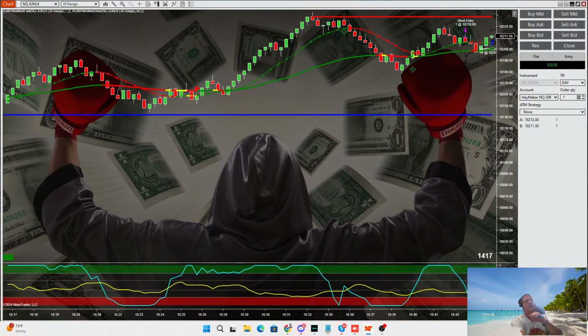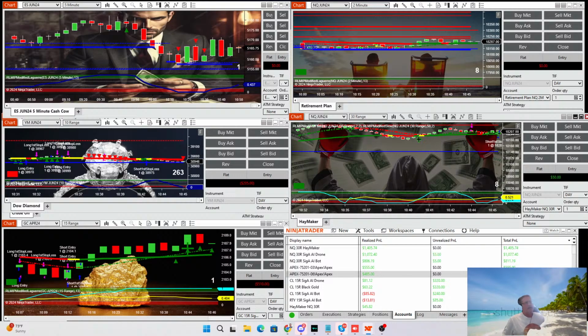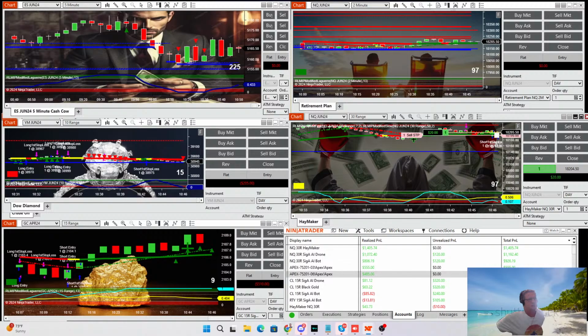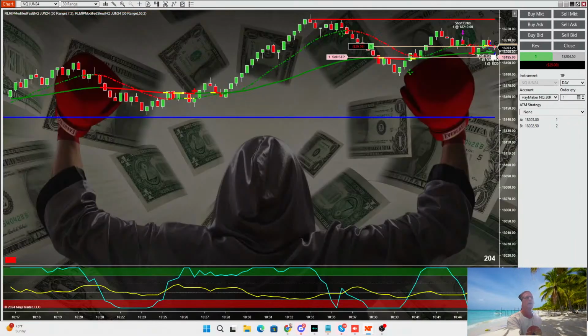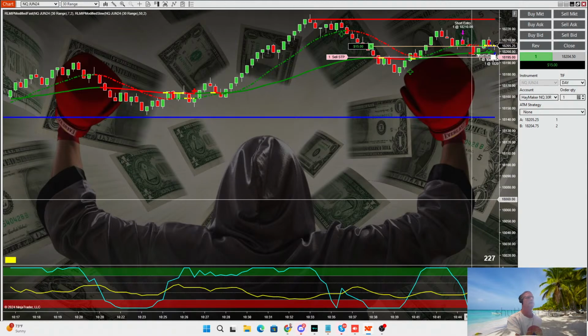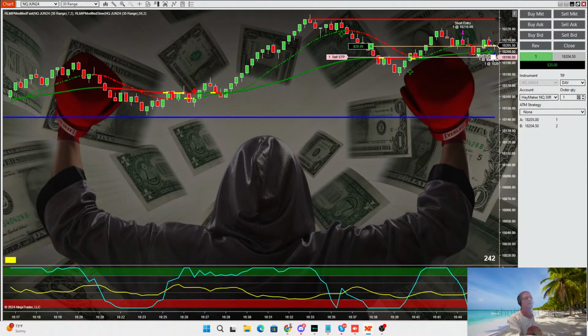But had that trade matured to the downside, you would have had another $1,000 in profits. It just jumped back in again. It's trying to do it again, this time to the long side.